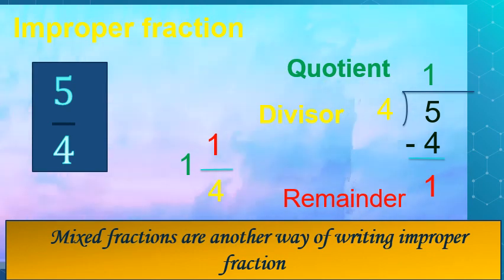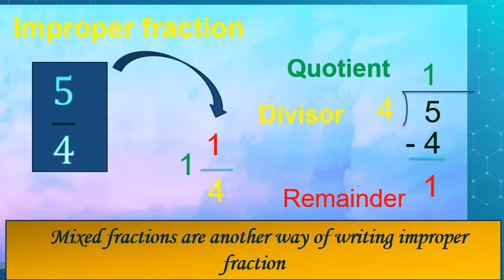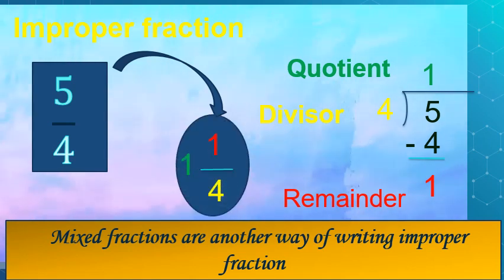So the mixed fraction is 1 and 1/4. It means the mixed fraction is the conversion of the improper fraction by dividing it. Means we can convert an improper fraction into a mixed fraction.